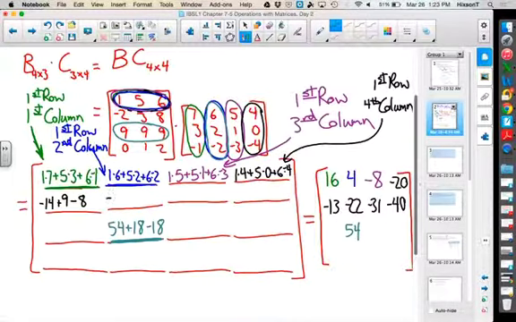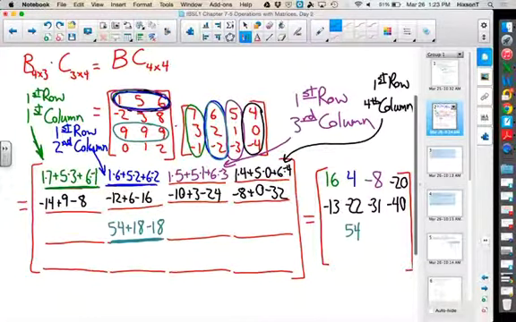You had negative 12 plus 6 minus 16 to get your minus 22. You had negative 10 plus 3 minus 24 to get negative 31. And then negative 8 plus 0 minus 32 to get your negative 40.